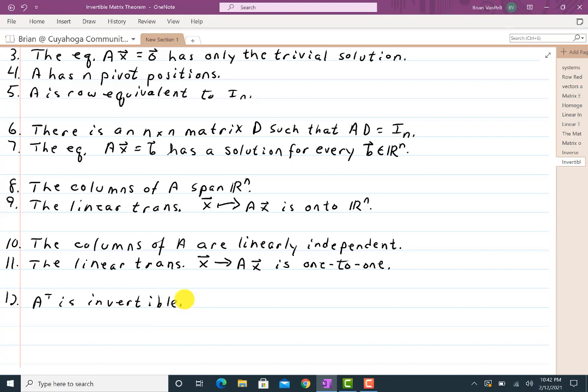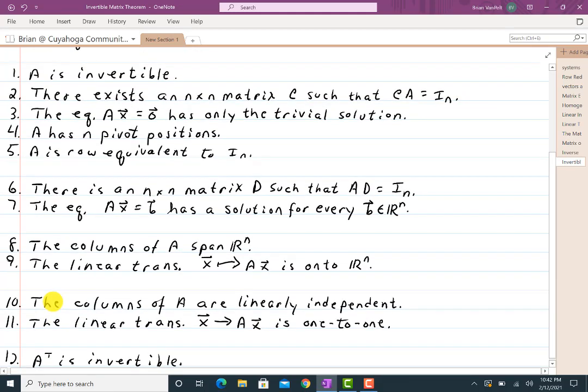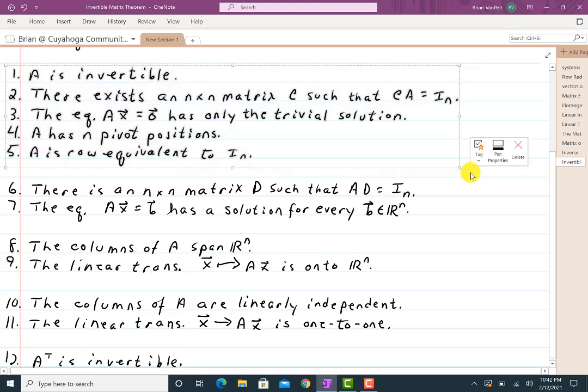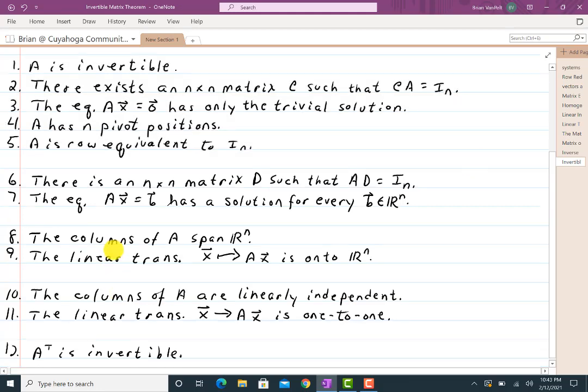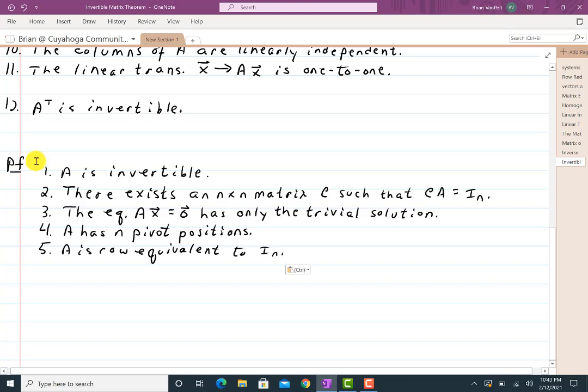Let me first start with this chunk at the top. I'm going to copy those for the proof, and I'll copy them as I go along. I'll copy the sections I'm proving at a time. So let's copy that. All right.